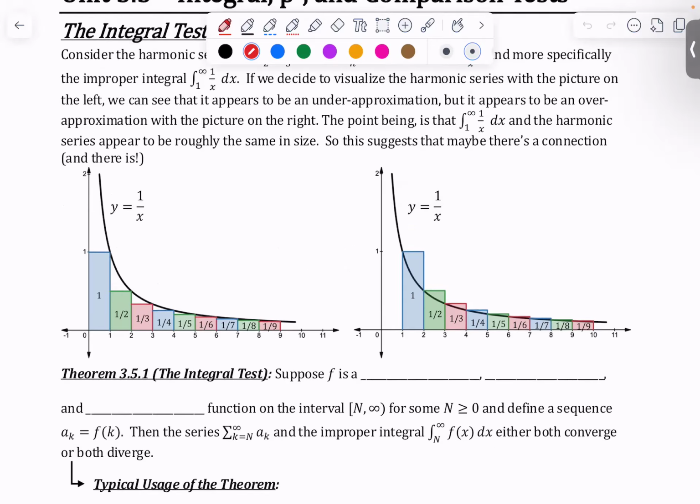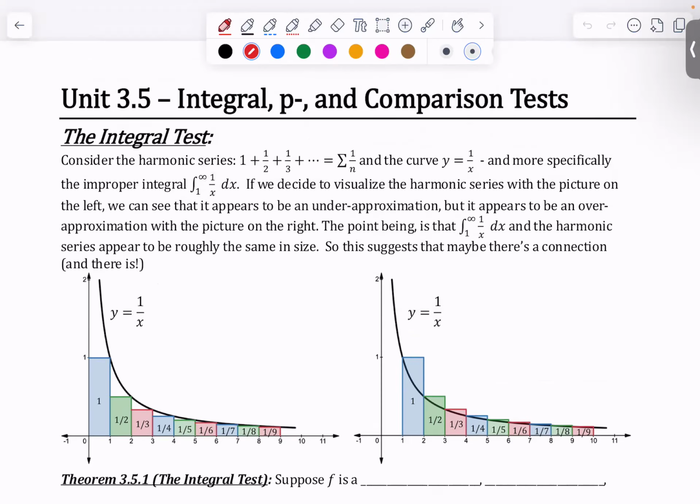So this was a fun thing that got discovered after integration became a thing. We haven't given it a name yet, but the sequence that is just adding up all the fractions with an integer coefficient of 1 up top: 1 plus 1/2 plus 1/3 plus 1/4, and so on and so forth.